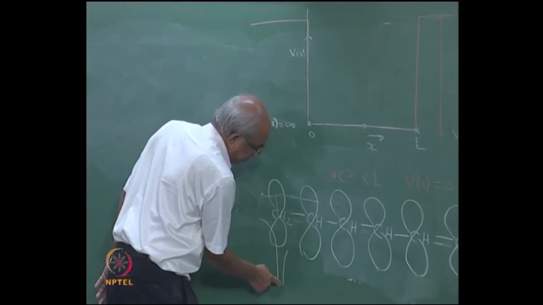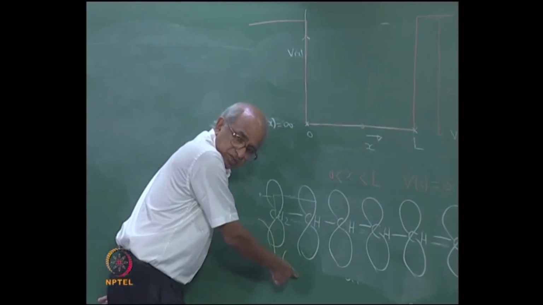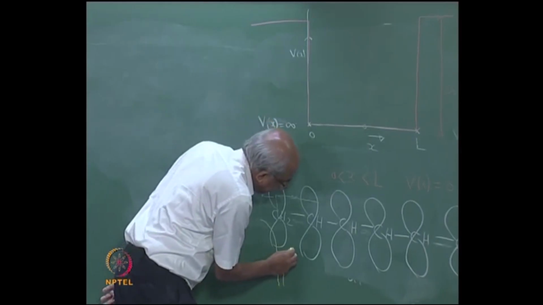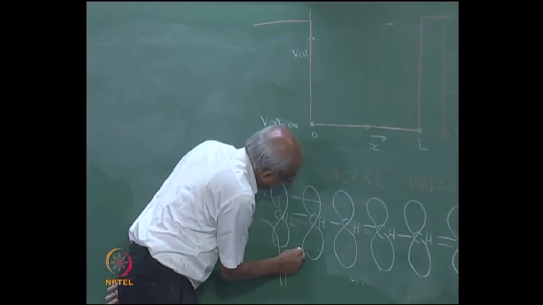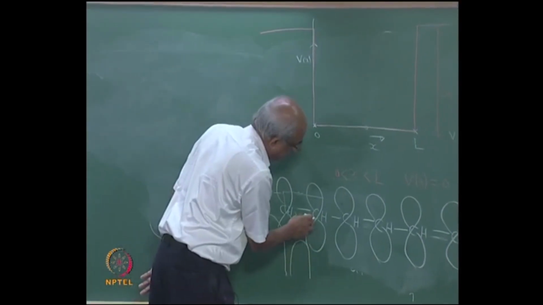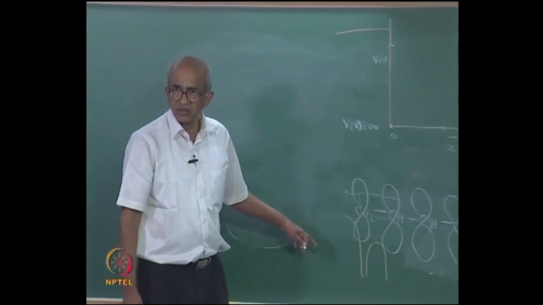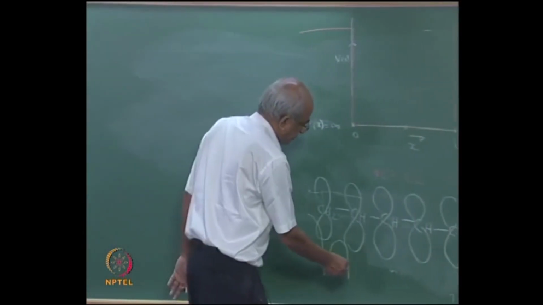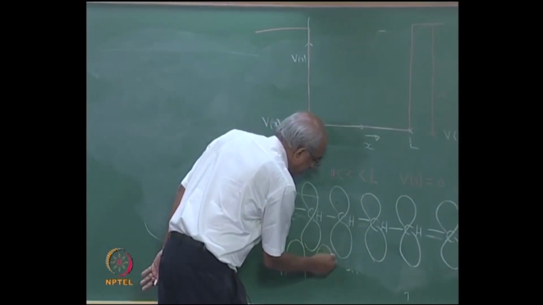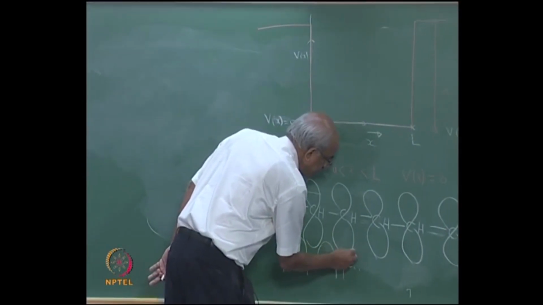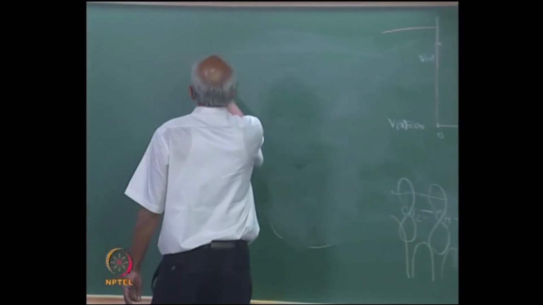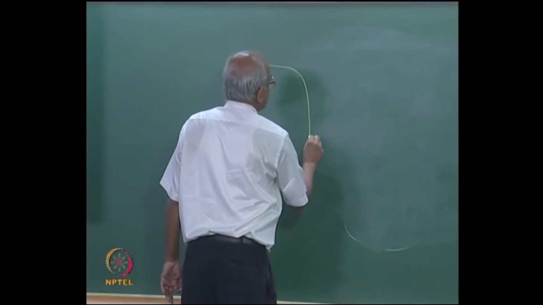This is the position of the nucleus, but as the electron moves away from the nucleus, the potential energy will increase, reach a maximum, and then decrease to a very large negative value when it is near the second nucleus. As it moves further, the same kind of thing will go on repeating again and again. Well, maybe I will draw it better here. This is how the potential energy will change.